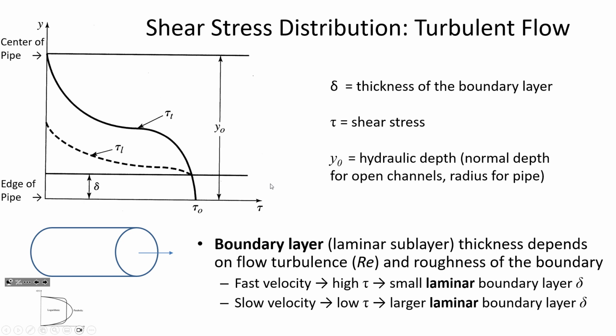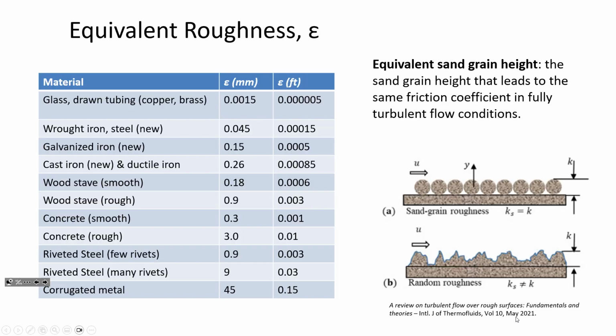And then the flip side of that is in slow velocity, which is going to tend towards laminar conditions and a low shear stress. Then that's going to have the shear stress doesn't extend as far into the fluid, but the laminar boundary layer is bigger. So directionally, that's the concept between boundary layer thickness, shear stress, and fluid velocities.